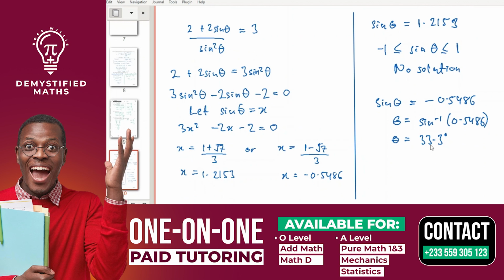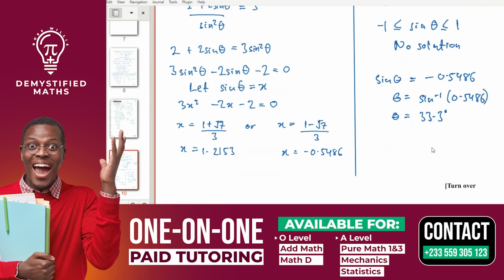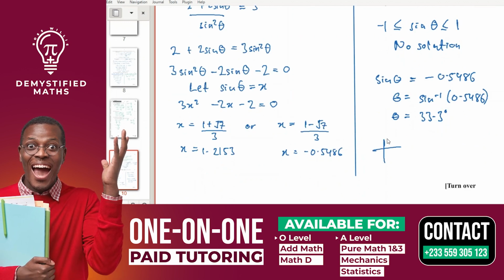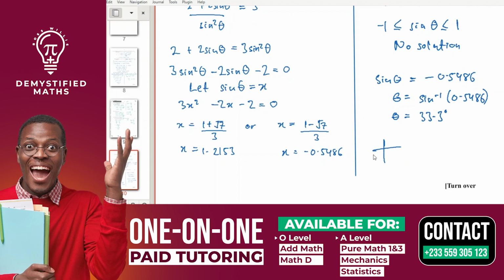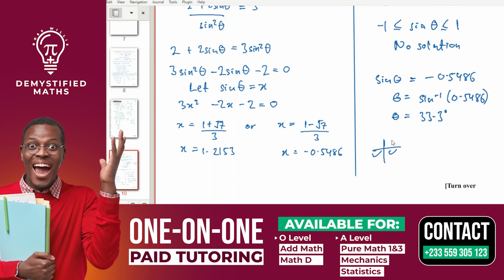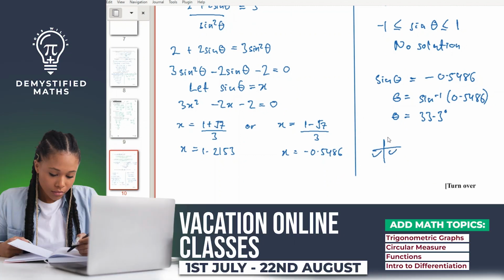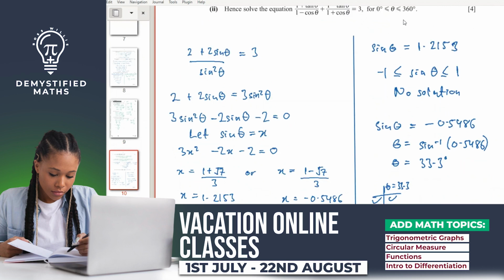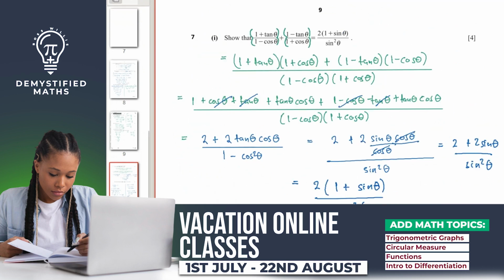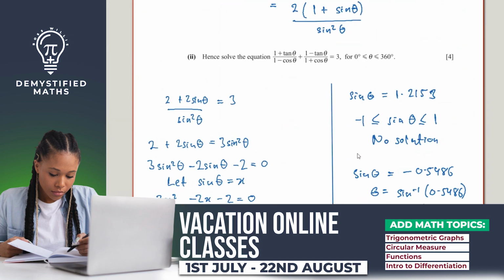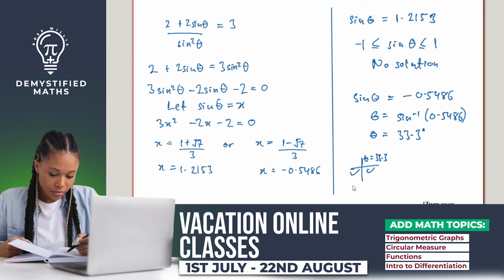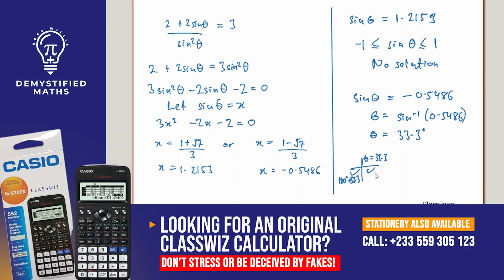But please, can this be my answer? No, because the sine value is negative, so I must be here or here. I can't be in the first or the second quadrant. But the acute angle I found is here, that's 33.3. So I can be here or here. And you see that the interval is up to 360. So this is 180 plus 33.3.